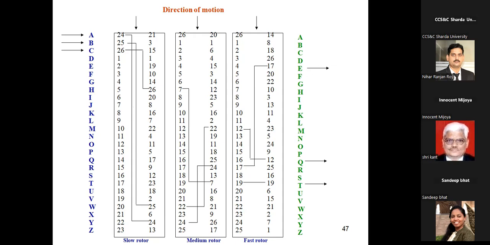If I use more cylinders, then you can understand in what way this is happening. The speed of each cylinder is also kept different. You can see the first cylinder is slow, the second is a medium rotor, and the last one is a fast rotor. So this was the machine initially made.